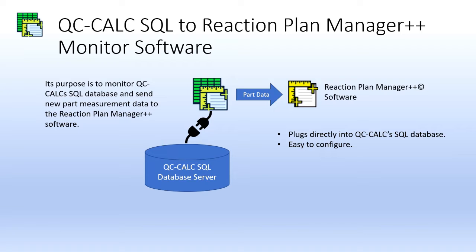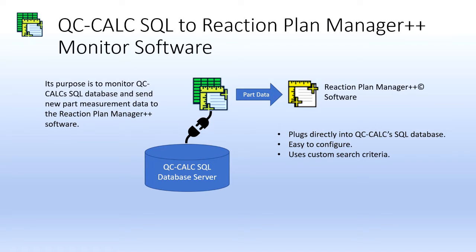It's easy to configure. It uses custom search criteria. Now, what do I mean by custom search criteria? Well, let's say, for example, you've got two machines producing the same part, and for whatever reason, machine A is different than machine B. So clearly, you'll need a different Reaction Plan Manager++ solution for machine A versus machine B. Using the QC-CALC SQL to Reaction Plan Manager++ Monitor software, you can differentiate the two.